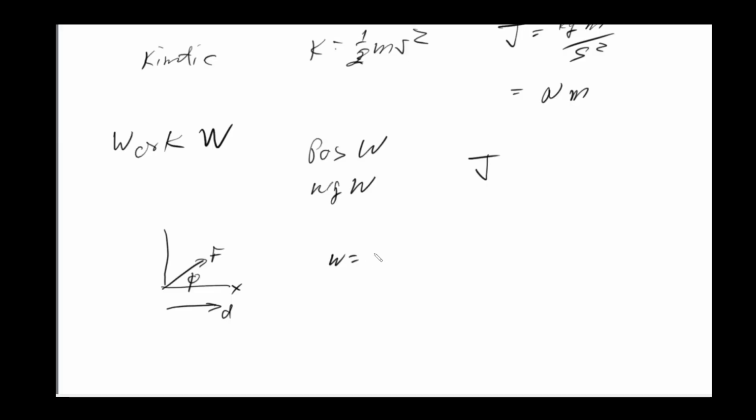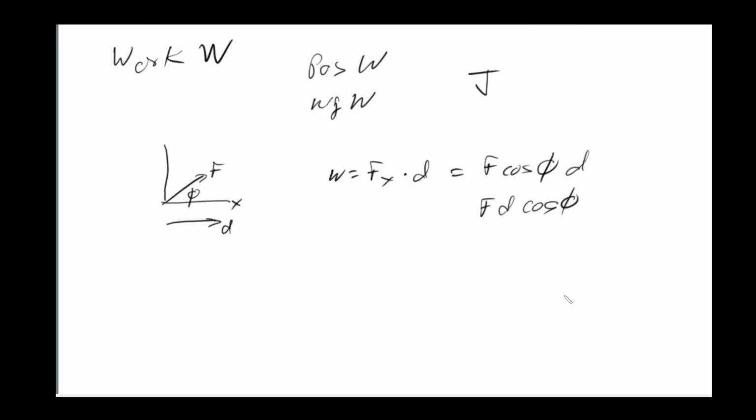So work would be equal to force in the x direction times displacement, which is equal to F cosine phi times d, and it's often rewritten F d cosine phi. So no work is done perpendicular to the displacement. And this is also the equivalent of F dot d, the dot product.